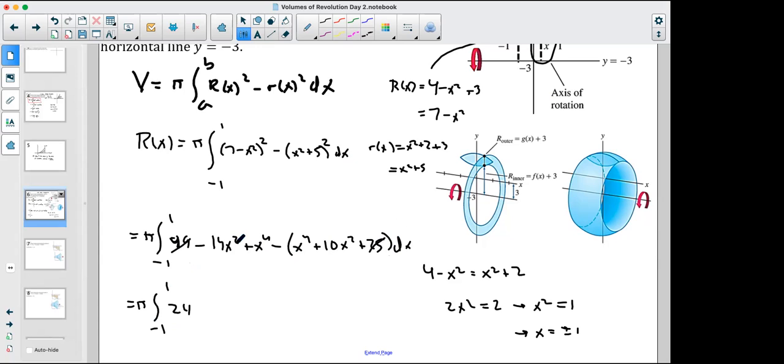Negative 14x squared minus 10x squared is negative 24x squared. And x to the 4th minus x to the 4th is 0. That's convenient. So it's pi times the antiderivative: 24x minus 8x cubed, running from -1 to 1.